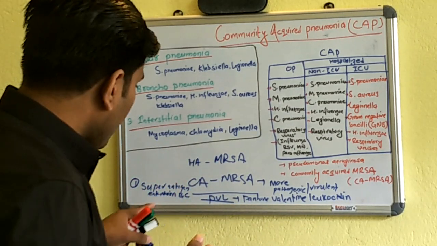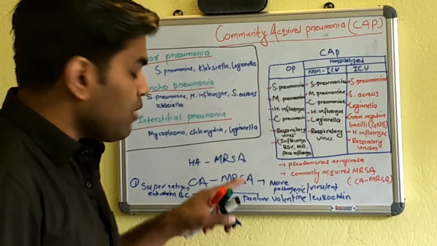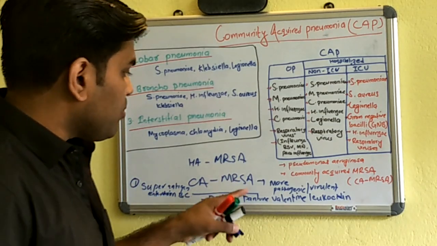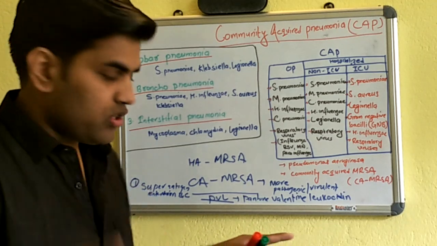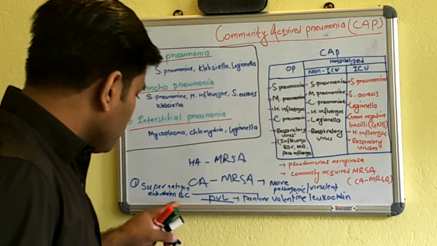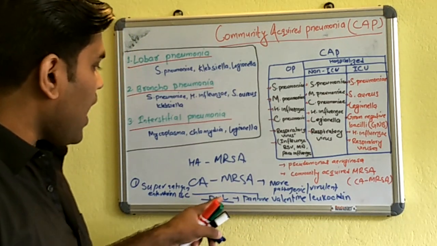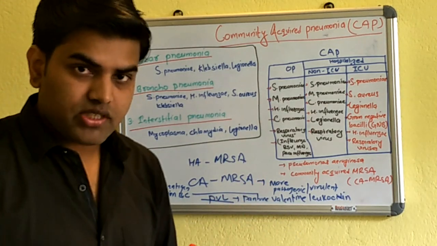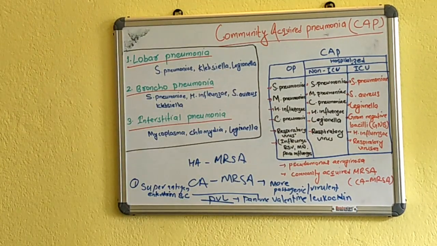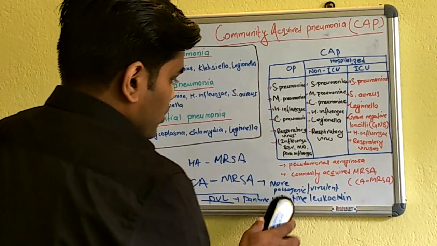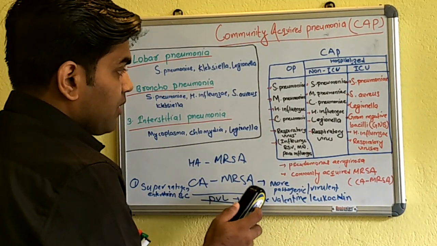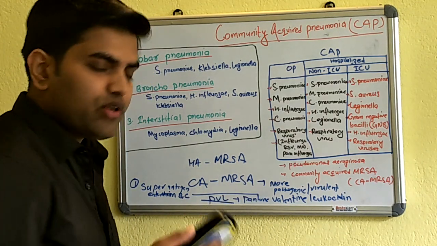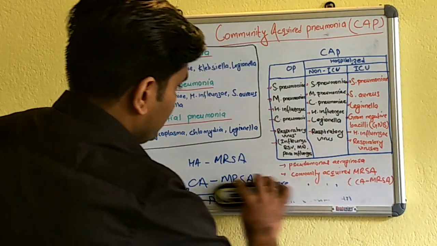But when you have infection with CA-MRSA, you should be careful, because it is more virulent and more toxic due to the superantigen and the Panton-Valentine leukocidin toxin present in it. So you should consider community acquired MRSA more seriously. That is my point, and management will come one by one.